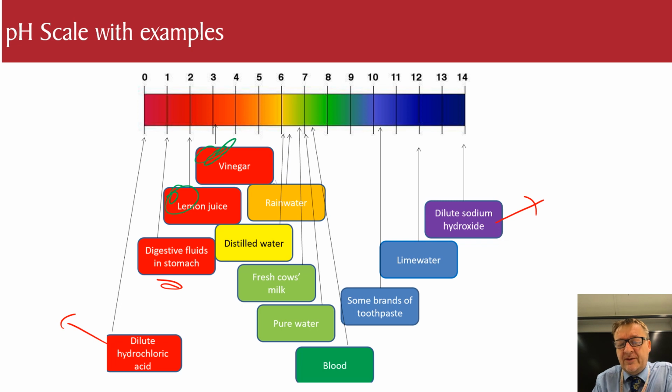Quite a few in the middle are around 7: rainwater, distilled water, fresh cow's milk, pure water and blood. Toothpaste, only some brands, has a pH of about 10.3. Then lime water, and there are loads of other examples we could put on a scale like that.